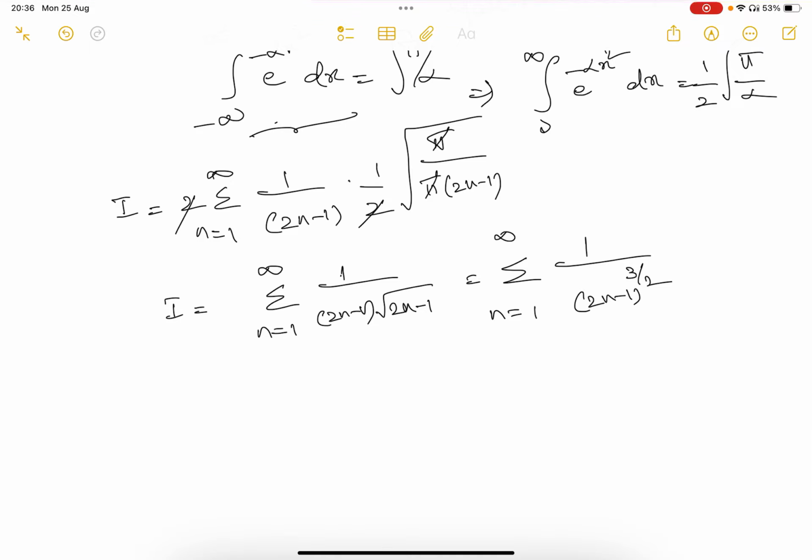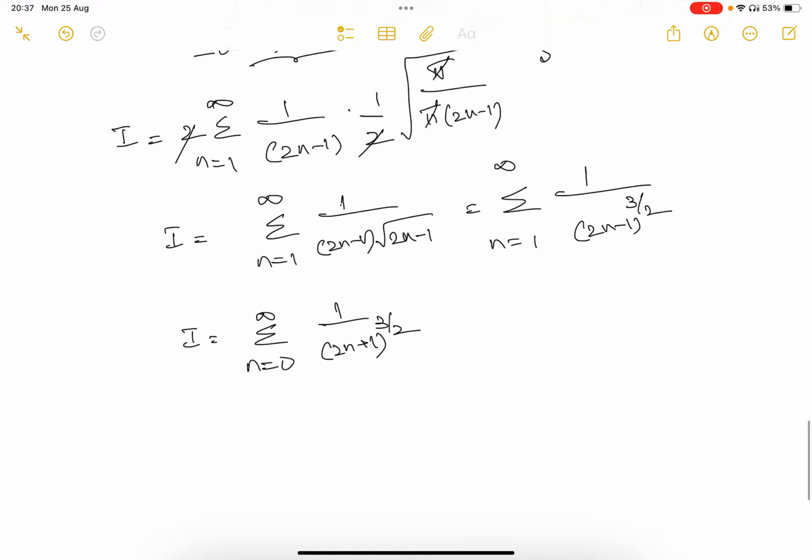If you want to make the summation from n equal to 0, then this will be summation n equal to 0 to infinity, and this becomes 2n plus 1, whole power 3 by 2. So to make it look like a zeta function, you need to take the factor 2 common: summation n equal to 0 to infinity 1 by 2 power 3 by 2 into n plus half whole power 3 by 2.